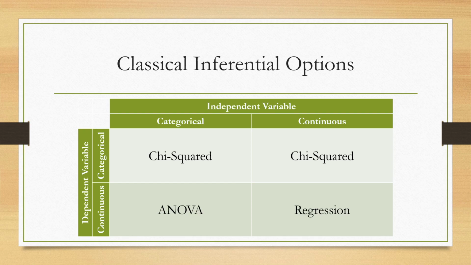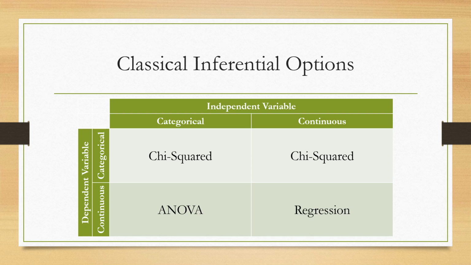Our tests become less precise, they become less specific. And because of that, it's always considered best practice to utilize the information that you have when you can. So when you do have continuous variables, we tend to not recommend simplifying them down if at all possible.